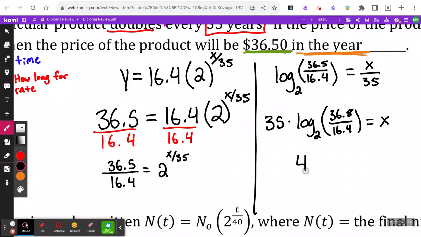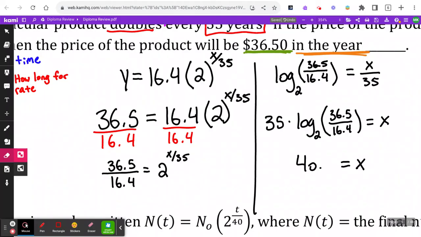You get 40.4 equals x. I thought this was an 8 because my pencil carried over. That's a 5.